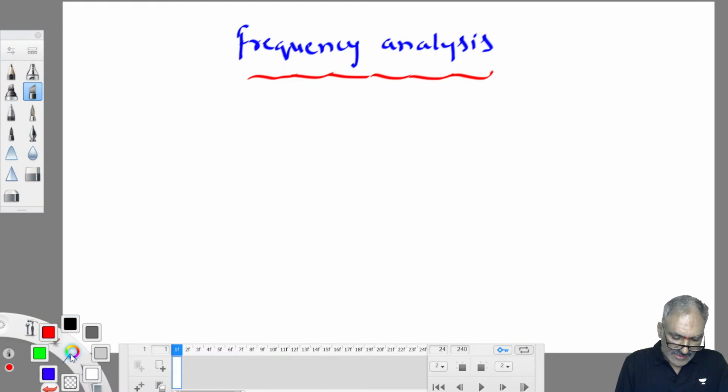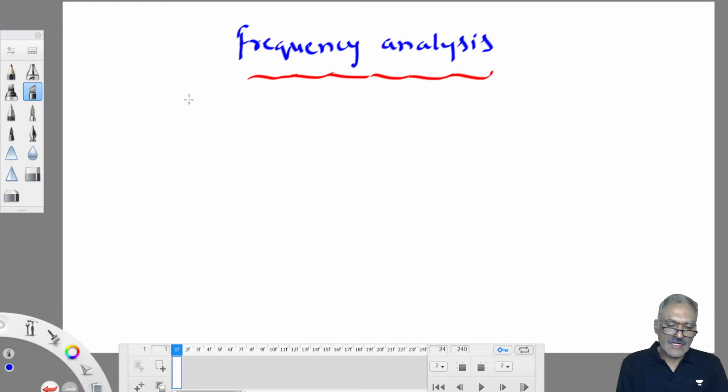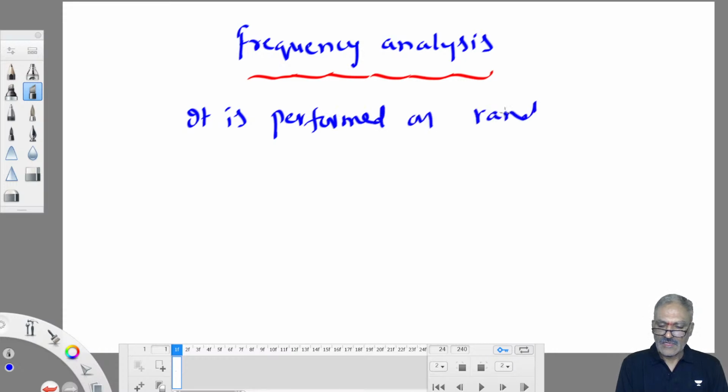So frequency analysis is performed on random, rare and extreme events.